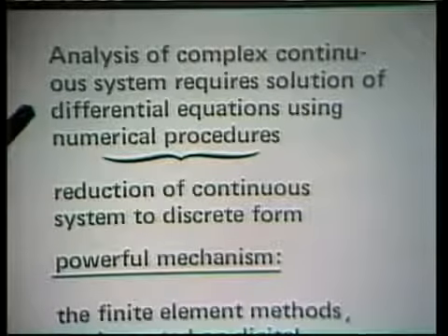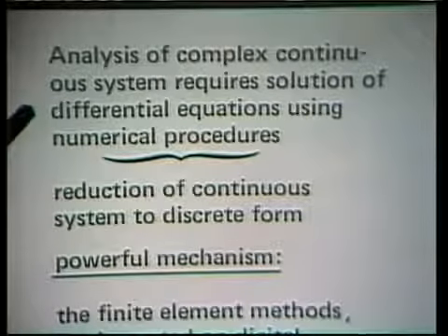And in this set of lectures we will be talking about finite element method numerical procedures, which reduce a continuous system to a discrete form. The powerful mechanism that we talk about here is the finite element method implemented on a digital computer.